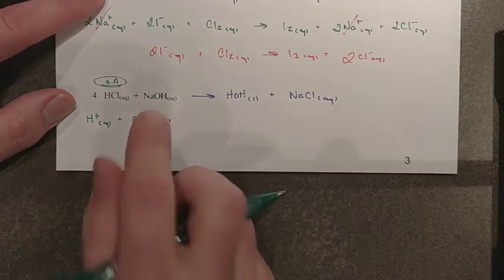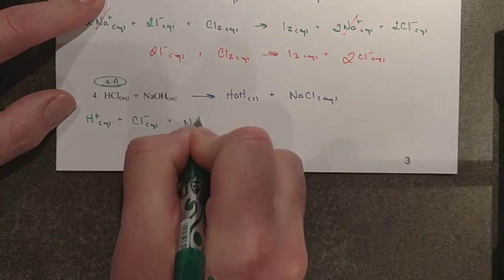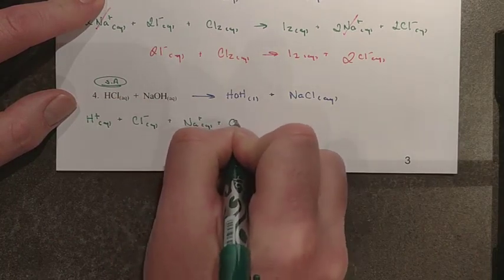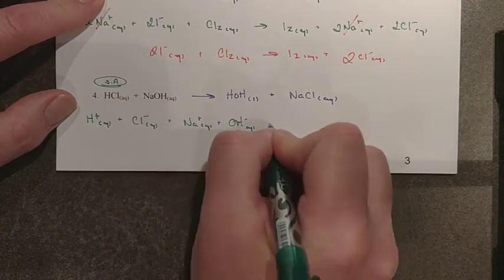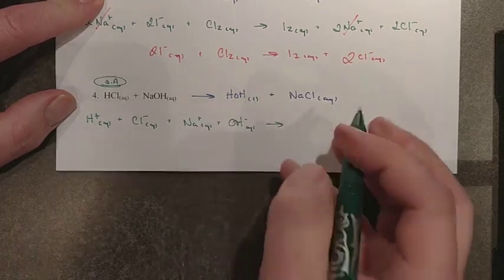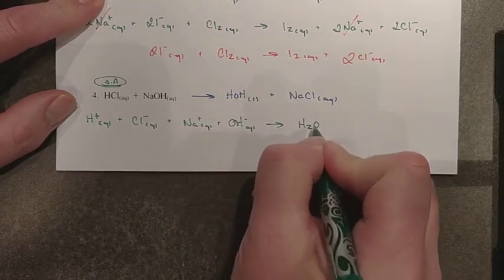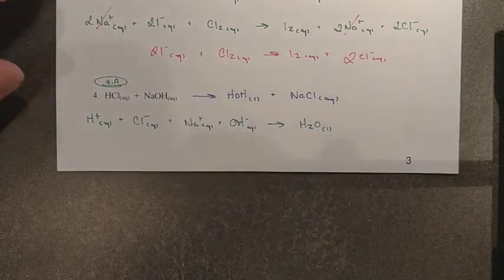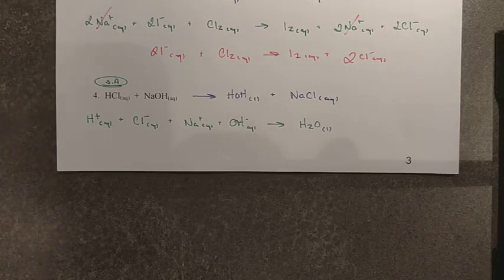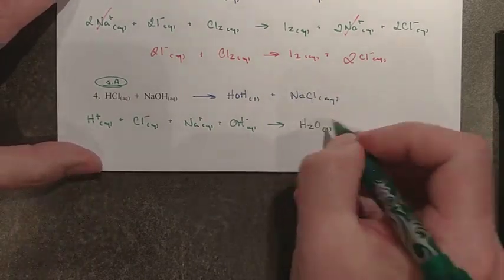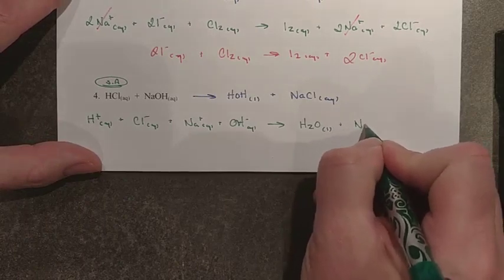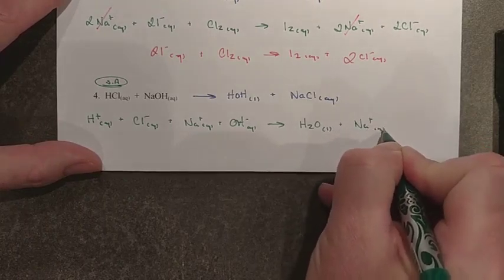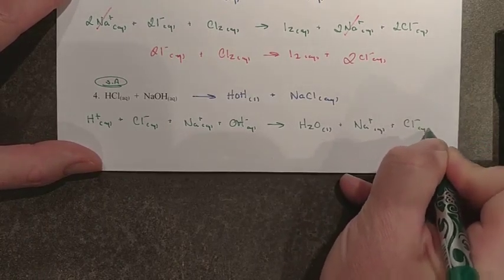NaOH is a soluble ionic compound, so I get sodium ions and hydroxide ions. Water is a liquid, so it just stays as H2O. HOH or H2O, both work, they're just fine. And then NaCl is a soluble ionic compound, and so I have Na+ ions and chloride ions.